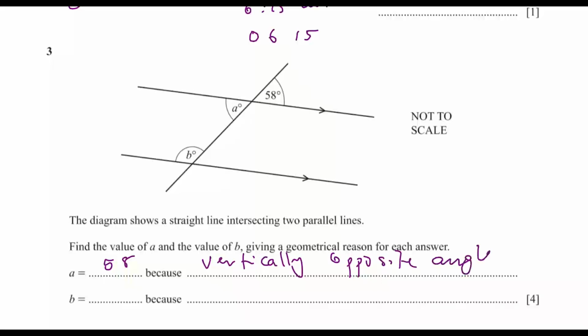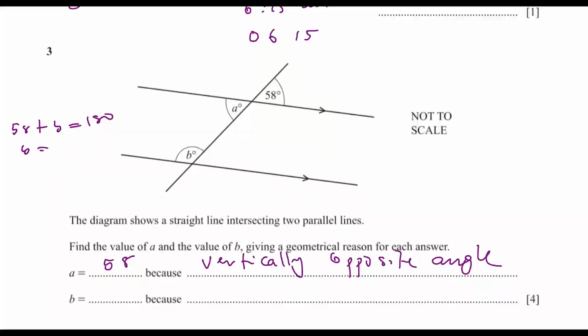Then if you look at B and A, they are both interior angles, so we refer to them as co-interior angles. We know that co-interior angles add up to 180 degrees. That means A is already 58, add B, that will be 180 degrees.